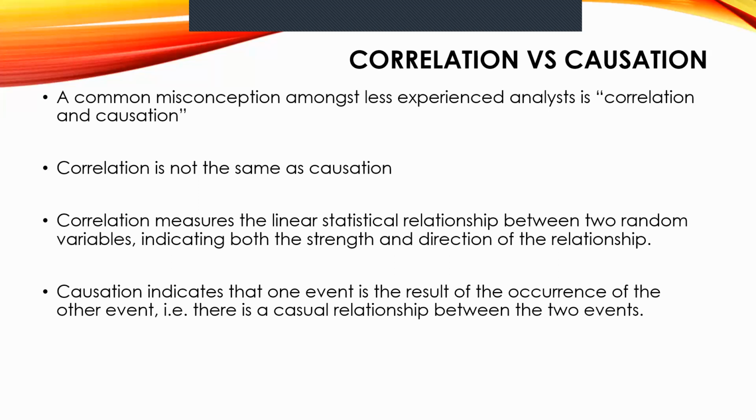Maybe you're looking at two values, and you've plotted a scatter plot for the two properties, and you are seeing that as property A is increasing, property B is also increasing. There is a tendency to think that maybe property A is causing property B, that when property A increases, then property B will always increase.